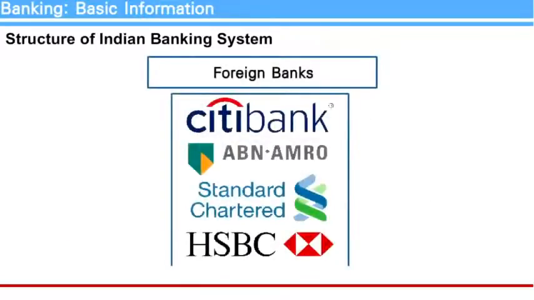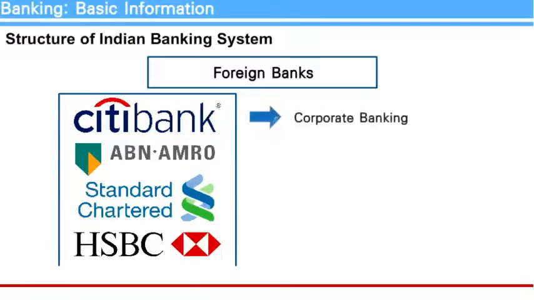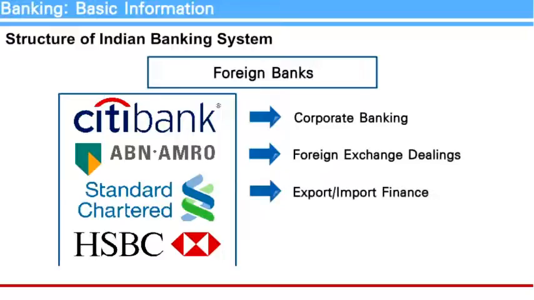Banks incorporated abroad but granted license by RBI to operate in India through their Indian branches are known as foreign banks. Most of the foreign banks operate in metropolitan cities of India. Their operations are technology driven. Their major businesses are corporate banking, foreign exchange dealings, export-import finance, and merchant banking.